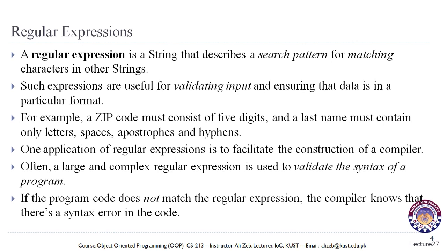If the program code does not match the regular expression, the compiler knows that there is a syntax error in the code, and that is how our compiler works. It tries to match our code to a particular regular expression, and if it does not match, we might get a syntax error.